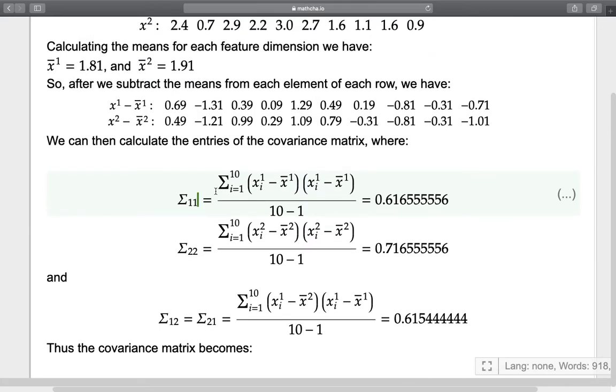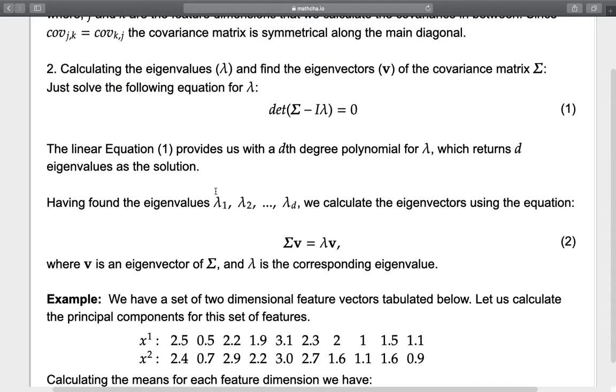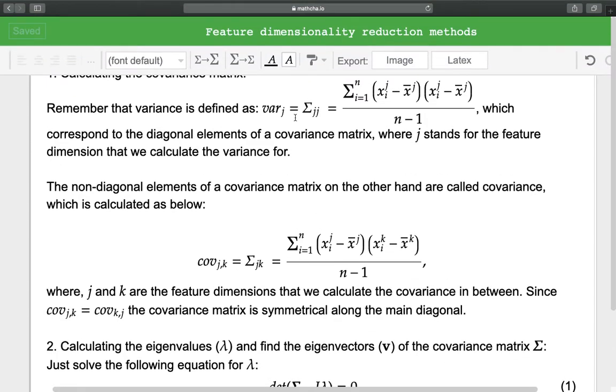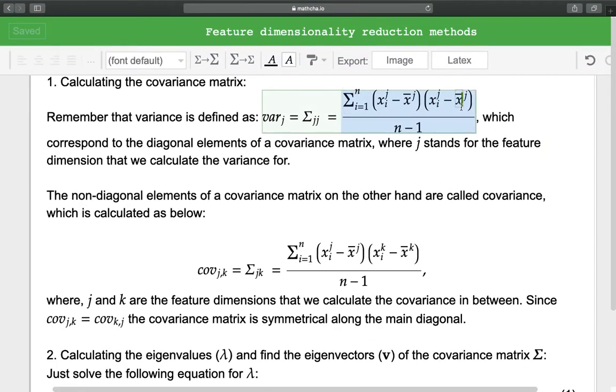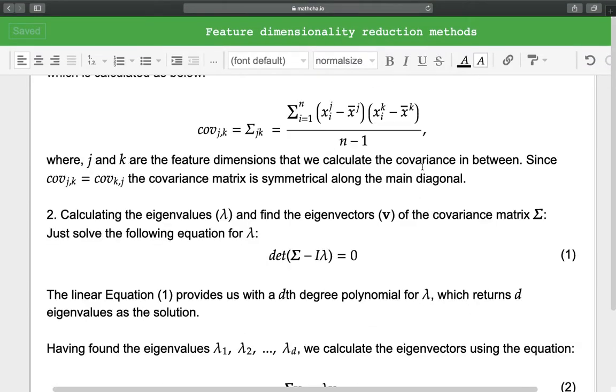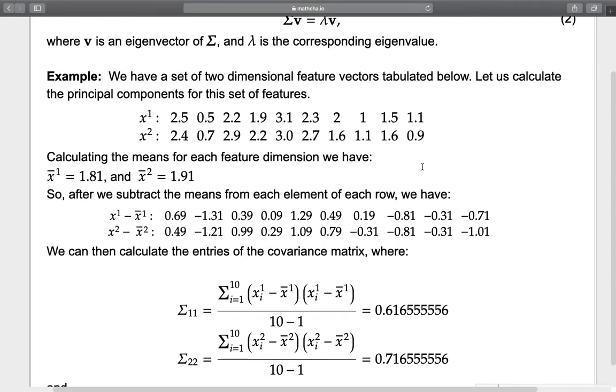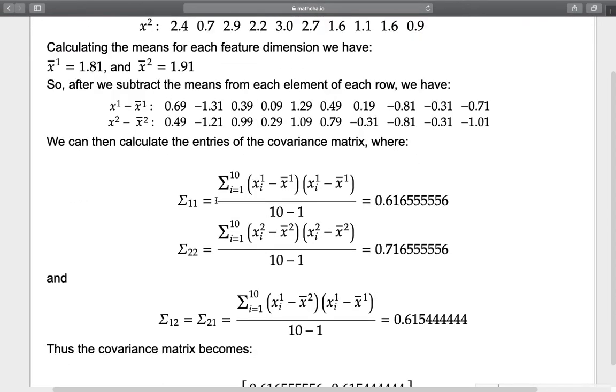First of all, we will use this expression here in order to calculate the diagonal entries. So sigma 1,1 is equal to the sum over i from 1 to 10 of this expression for each of these terms.